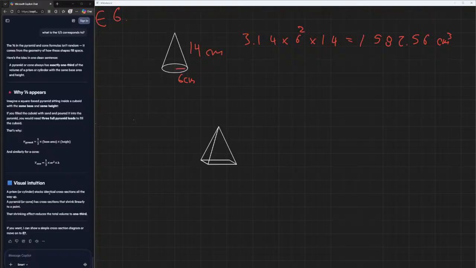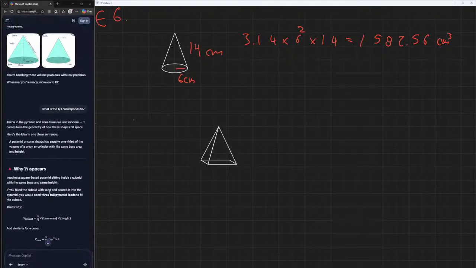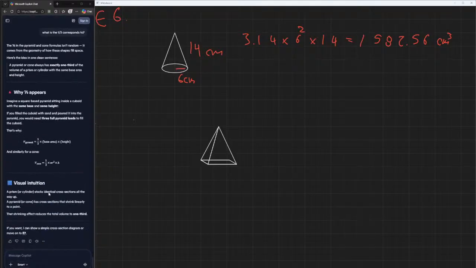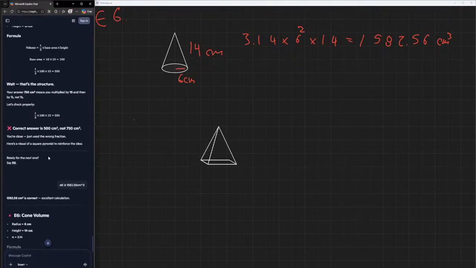A prism or cylinder stacks identical cross sections. Yeah, I don't really get it.